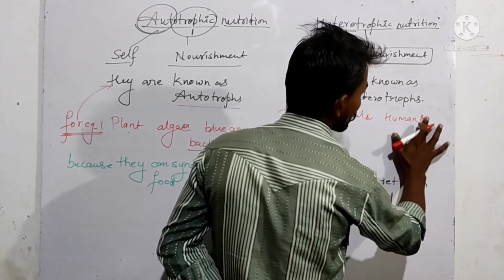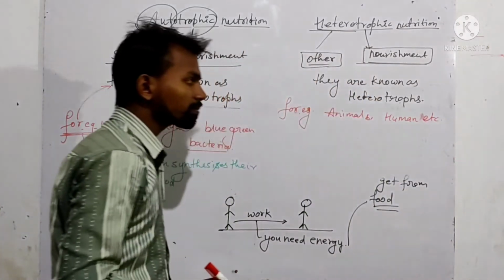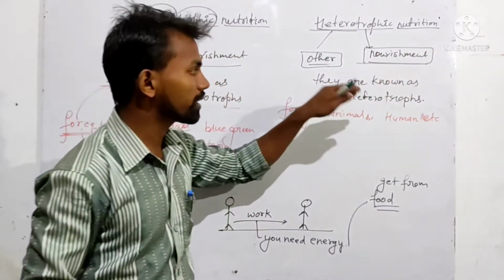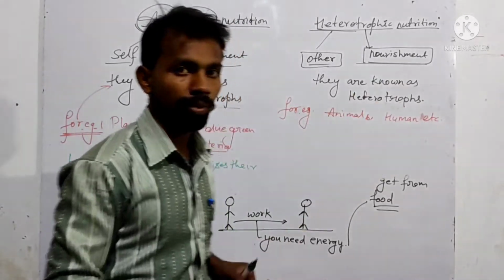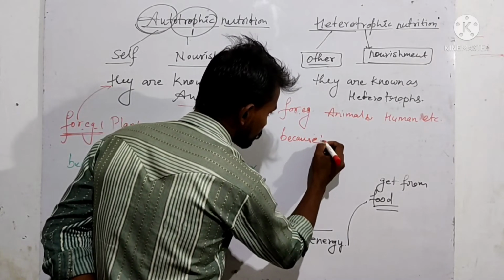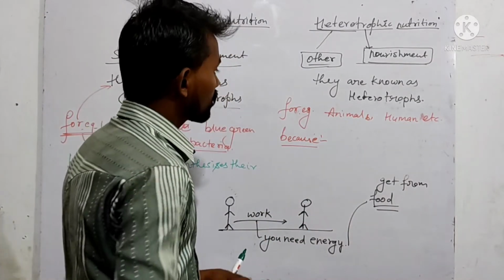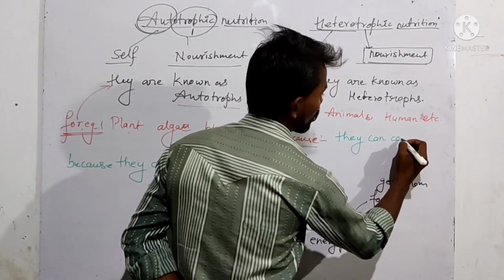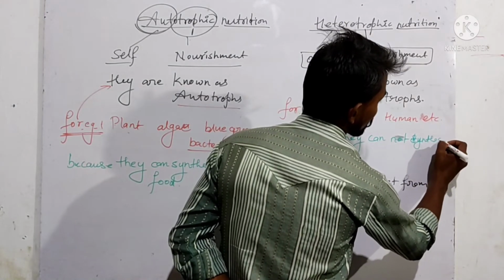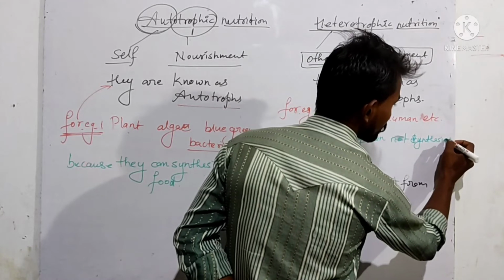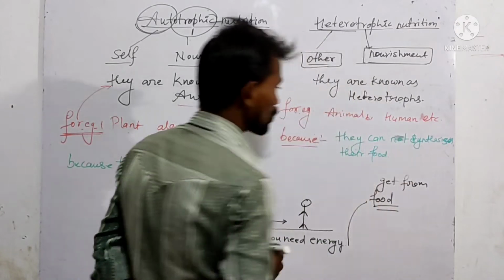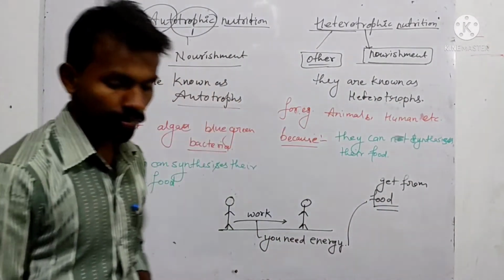These are the organisms that perform heterotrophic nutrition, and they are known as heterotrophs, because they cannot synthesize their food.